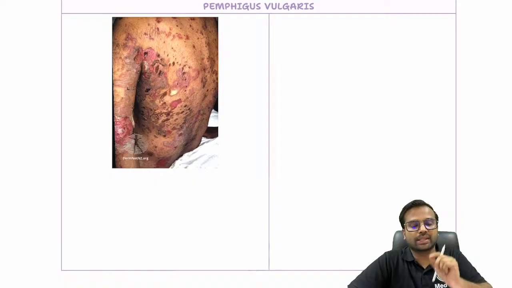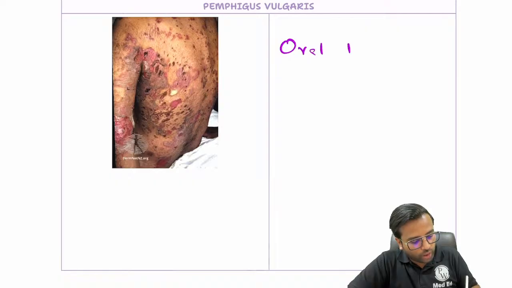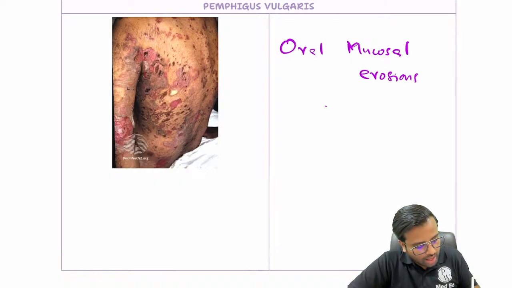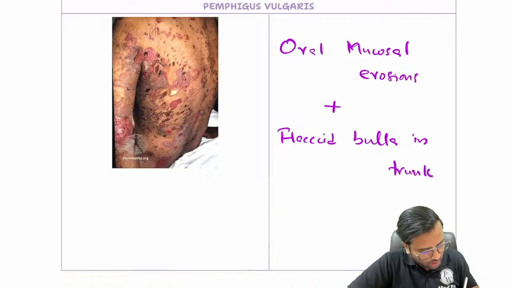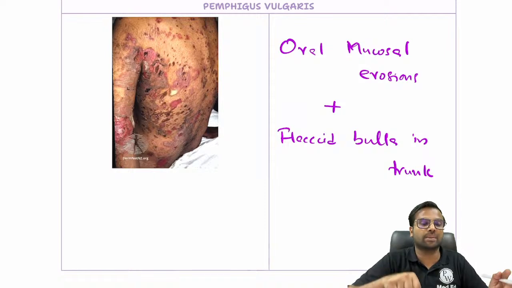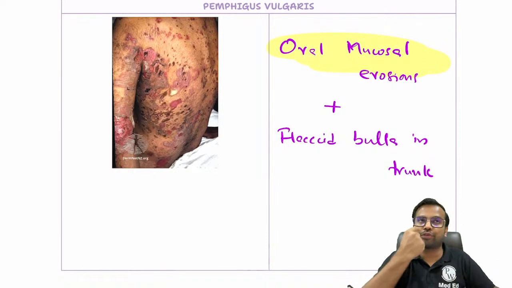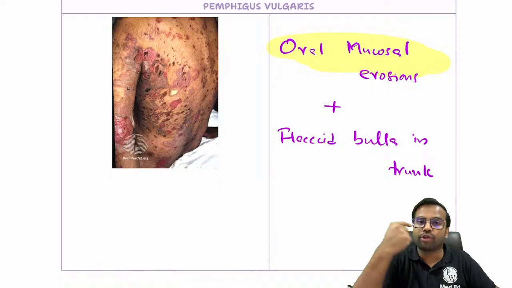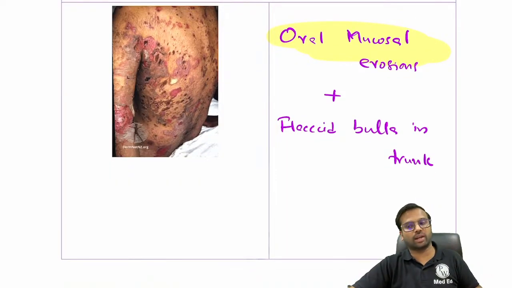Pemphigus vulgaris means the patient will always come to you with oral mucosal erosions along with a flaccid bulla in the trunk. So what all of you will remember when you go for your exam is, where do the symptoms of pemphigus vulgaris start from? Oral mucosa. So if you find oral mucosal erosions followed by flaccid bulla over the trunk, that is called pemphigus vulgaris.